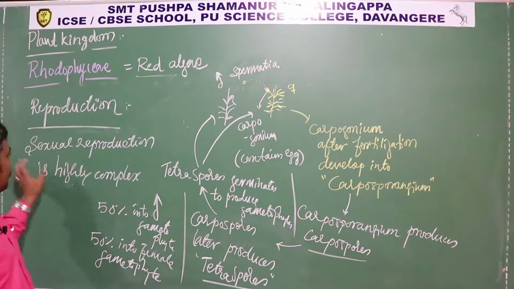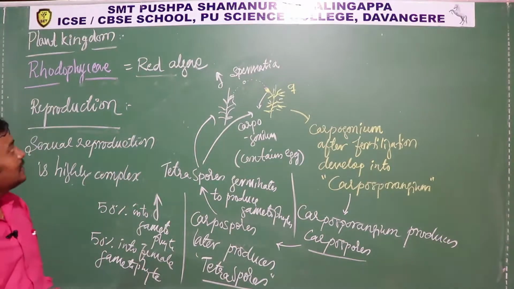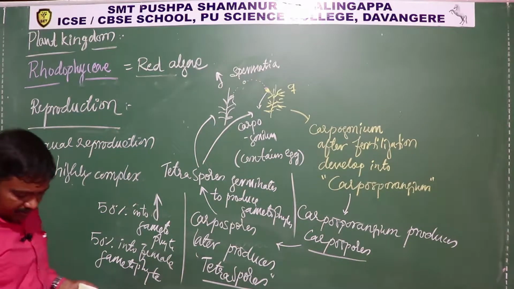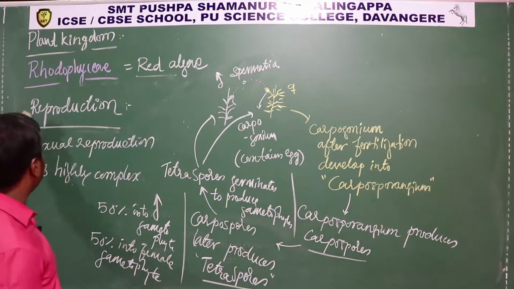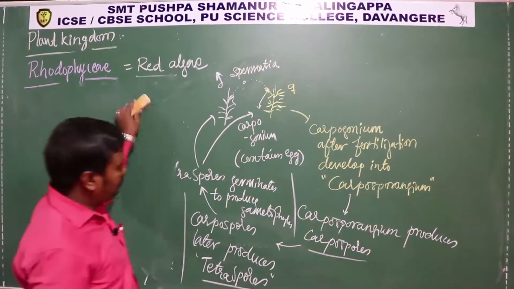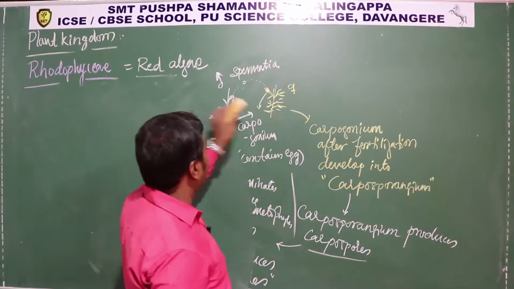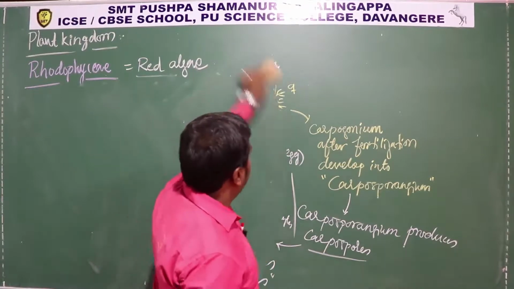So this is how it is highly complex in nature. This is about the complex sexual reproduction in rhodophyceae members. So carposporophyte depends on gametophyte. That's important.